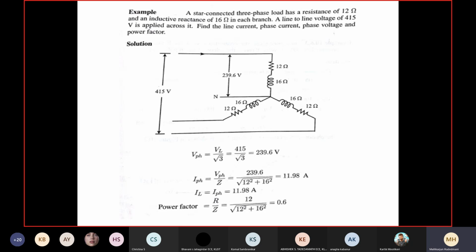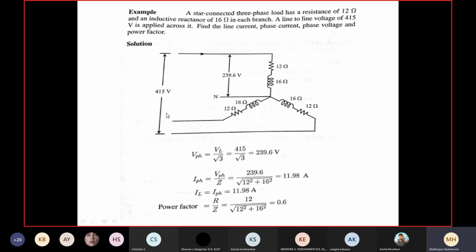Now, a star connected 3-phase load has a resistance of 12 ohm and an inductive reactance of 16 ohm in each branch. Can you see here? 12 ohm, 16 ohm in one group, 12 ohm, 16, 12 ohm, 16, like a star connection. A line to line voltage of 415 volt is applied.